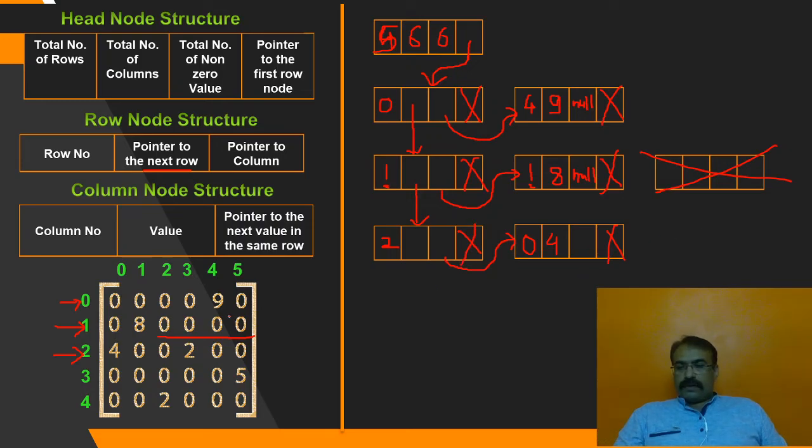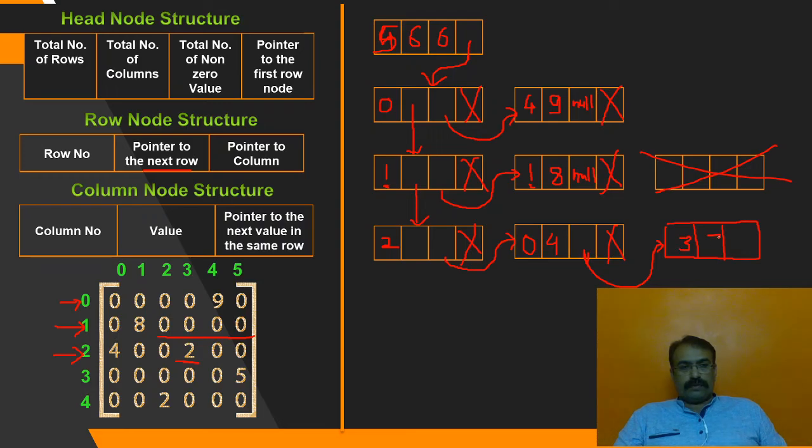Okay. Now what will this field contain? This field will point to the next node, because in this row I am finding one more element which is non-zero. So I am going to create one more node here. This will be a column node for the same row. 2, 3.